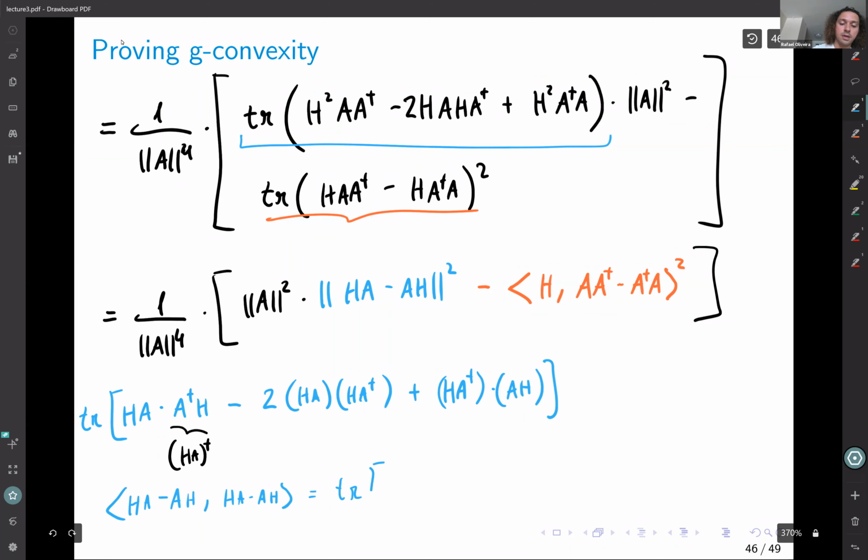It's the trace of HA minus AH times, now we have to do A conjugate transpose H minus H A conjugate transpose. So if we see what this inner product is, we're going to get exactly HA times A dagger H, so we get the first term.